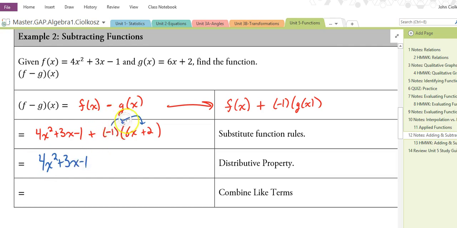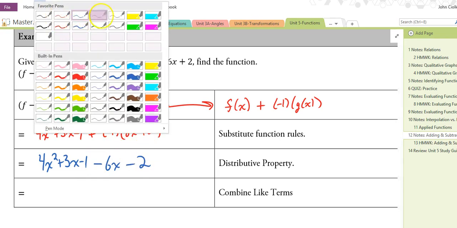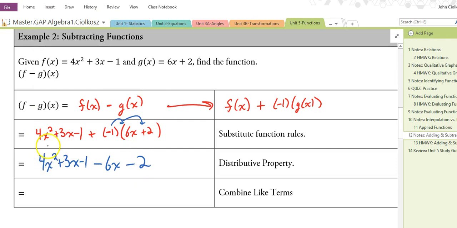Now, negative 1 times 6 is minus 6x. Negative 1 times 2 is minus 2. This is the only thing that's squared, so it just comes on down. These both have an x, so 3 minus 6, negative 3x. That's a number, that's a number. Negative 1 minus 2, negative 3.